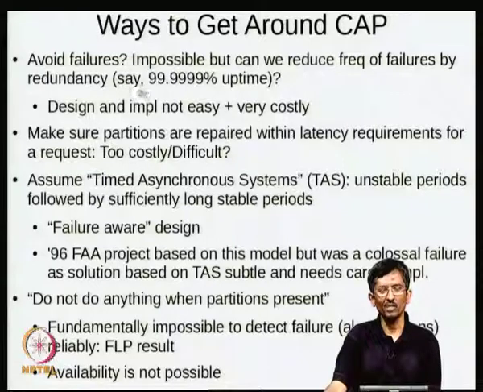The only other thing you can do is to reduce the chance of failure, and usually if you try to reduce the chance of failure, you are talking about extremely expensive systems. Okay. And these two types of approaches are also followed. I think some of you might know that if you look at Google File System, they decided that instead of trying to reduce the failures, they went for trying to manage the failures.